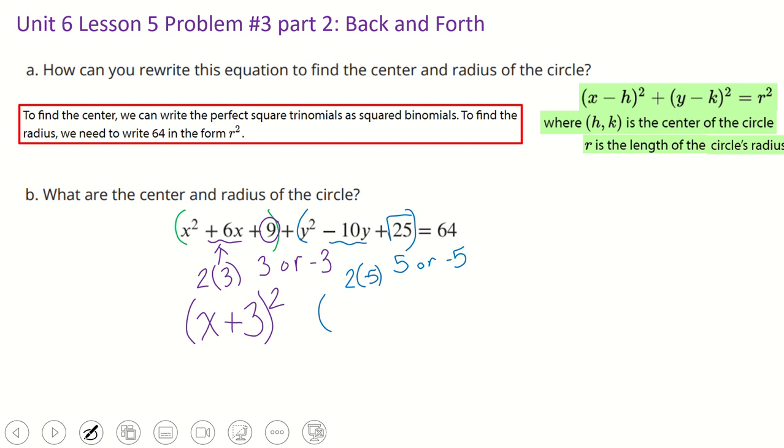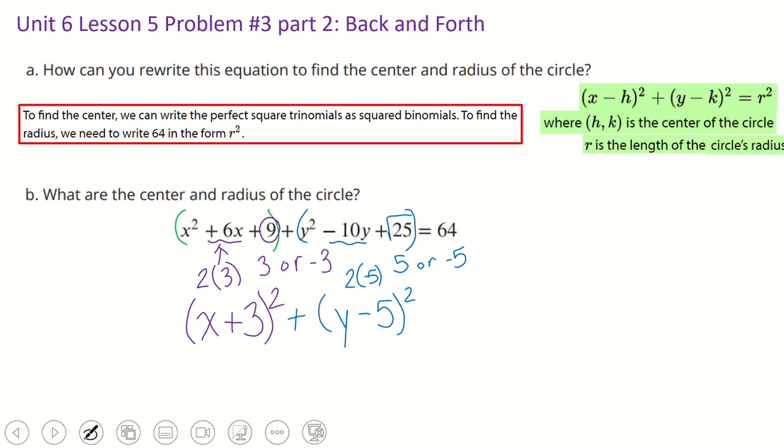So when I write this one out, I'm going to write y minus 5 squared. Again, you can always go back and do the area model to make sure that this squared binomial that you found really does give you a perfect square trinomial. Now notice I have to put a plus sign between those.